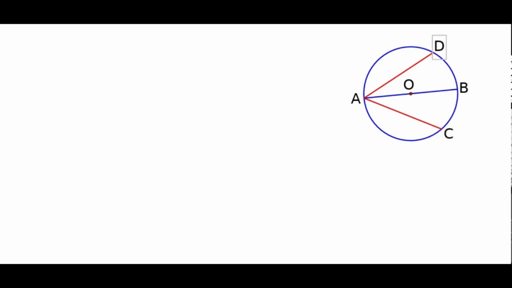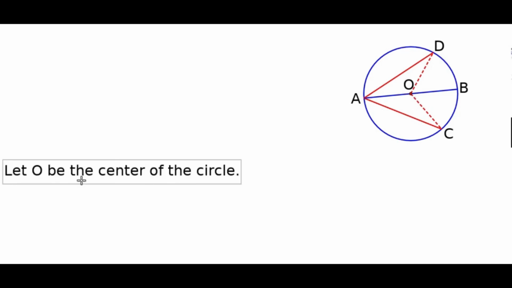For this, let us join OD and OC. Joining, we will get two triangles OAD and OAC. See these two triangles. Let O be the center of the circle.